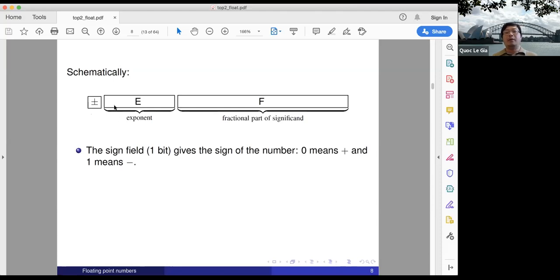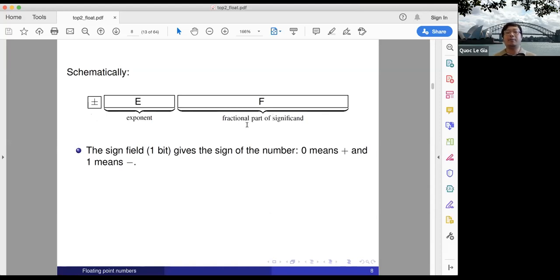The next part gives you the exponent. Remember in the example, the exponent is stored in that part. And the last part stores the fractional part of the significand.